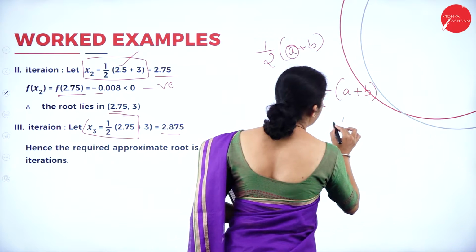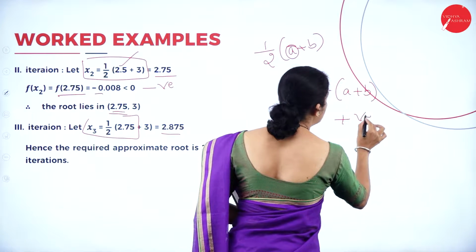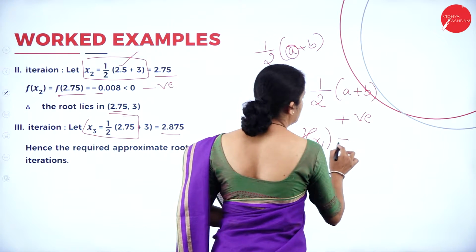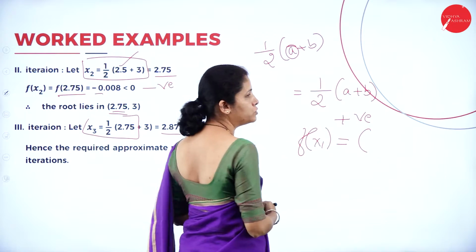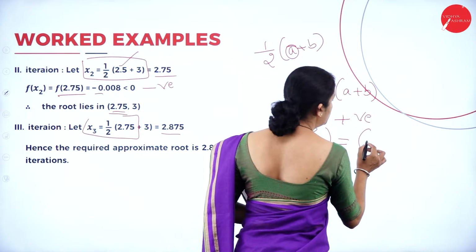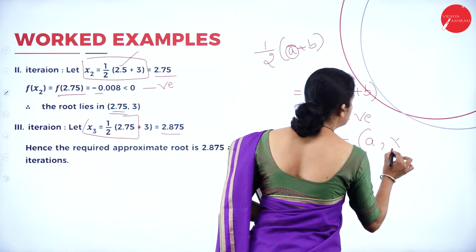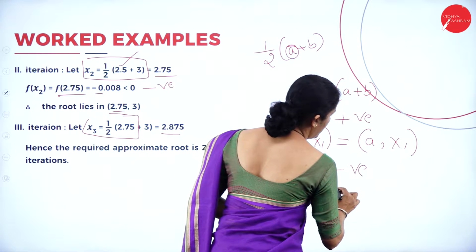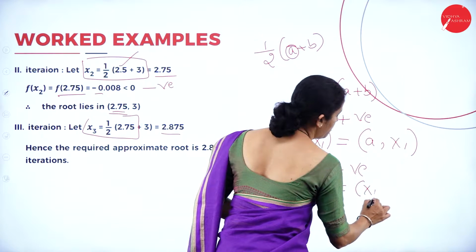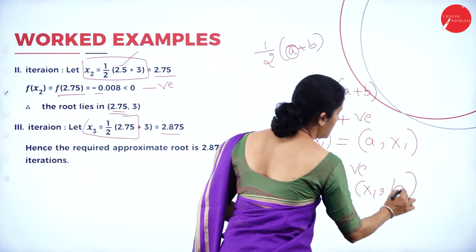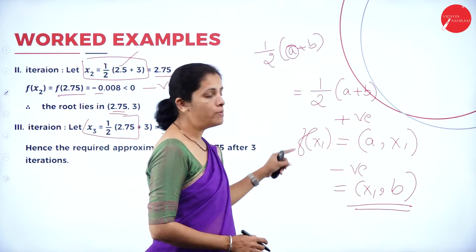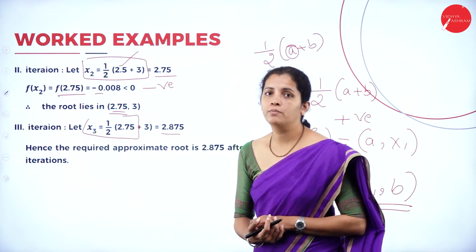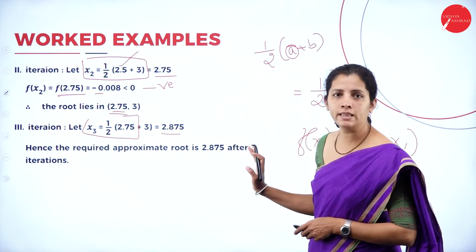If I am getting a positive number, then A remains as it is and I am going to change B. If it is negative, then I am going to change the A value and B remains as it is. These are the formula and conditions you must know while solving problems by using the bisection method.